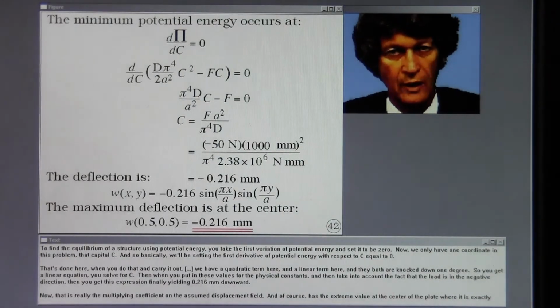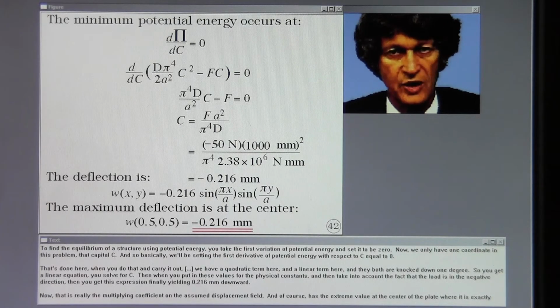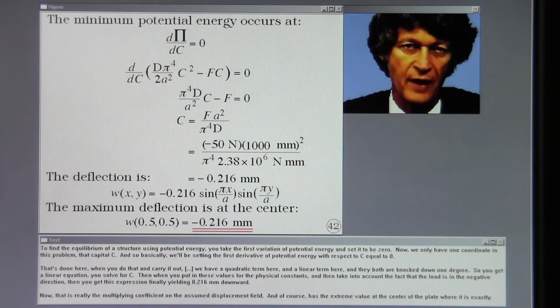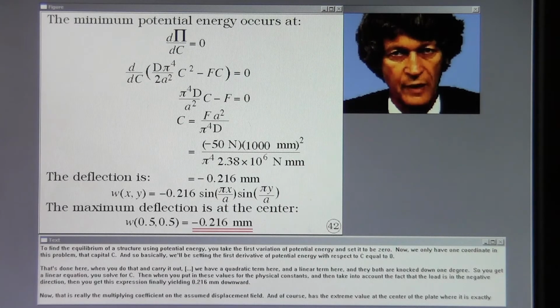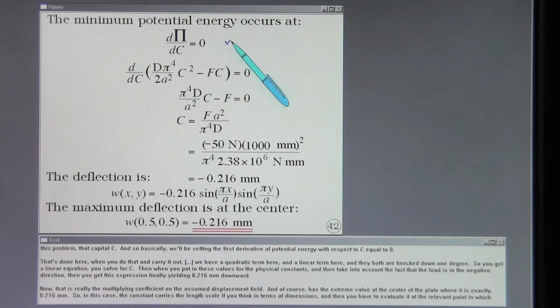To find the equilibrium of a structure using potential energy, you take the first variation of potential energy and set it to be 0. Now we only have one coordinate in this problem, that capital C, and so basically we'll be setting the first derivative of potential energy with respect to C equal to 0. That's done here.